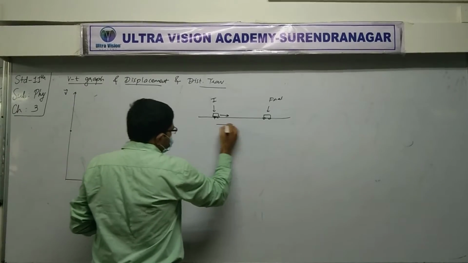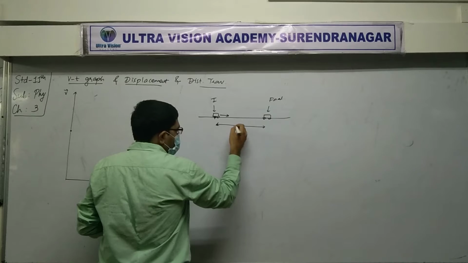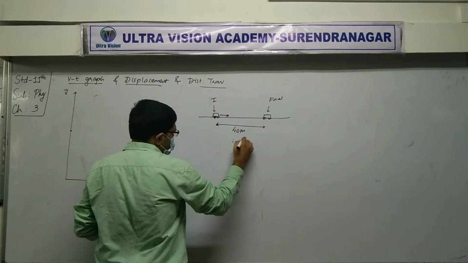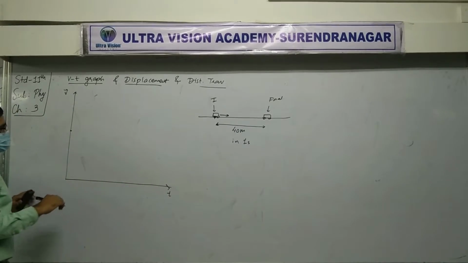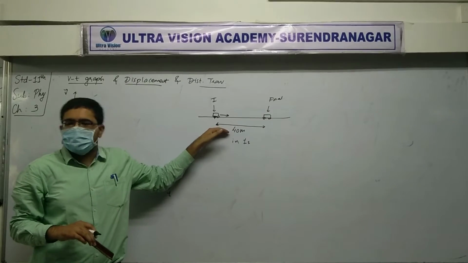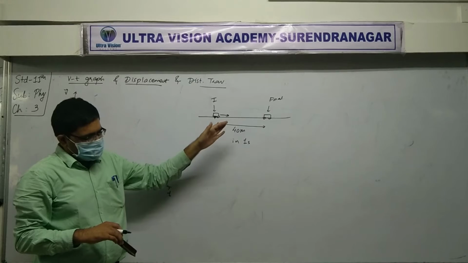And let's say it has a displacement always of 40 meter in 1 second. So what I mean to say is in 1 second it gets displaced by 40 meter.